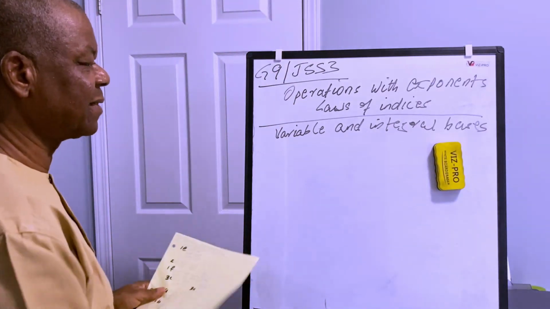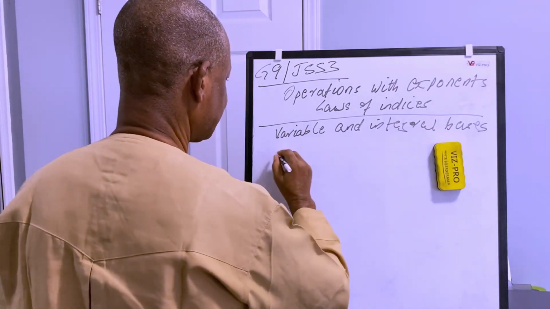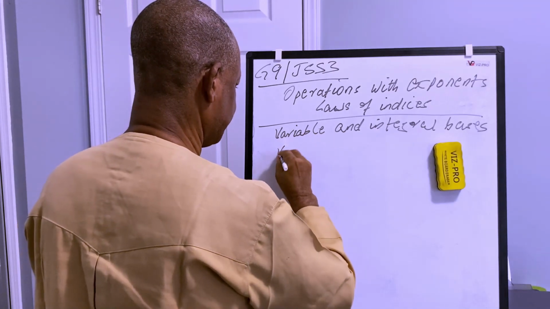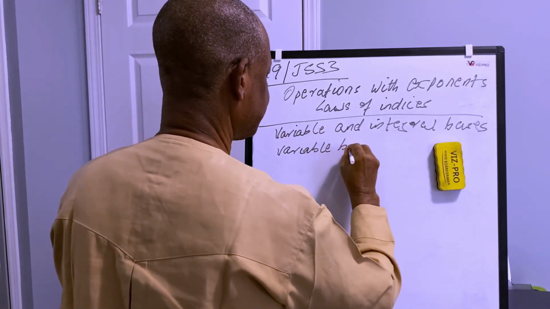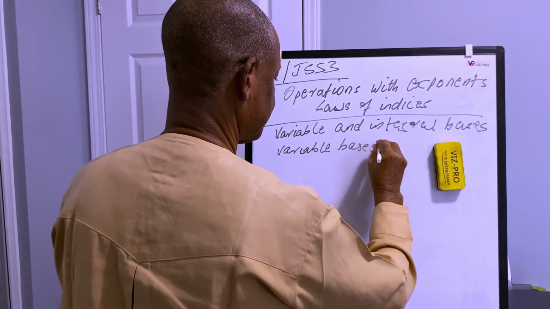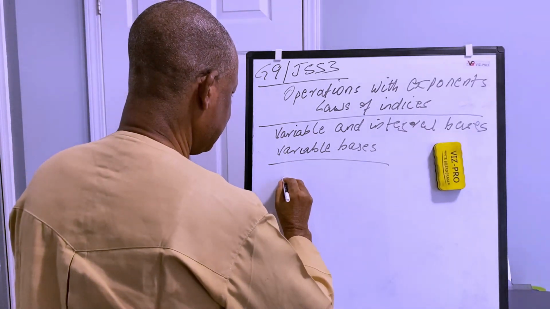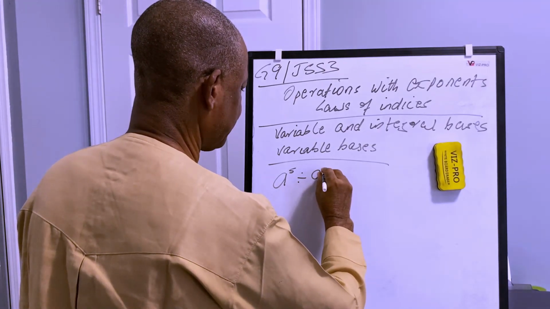We are now treating the second law. Very sorry about it. We discuss variable bases. We are asked a raised to power 5 divided by a raised to power 2.